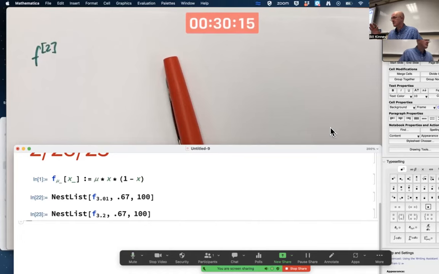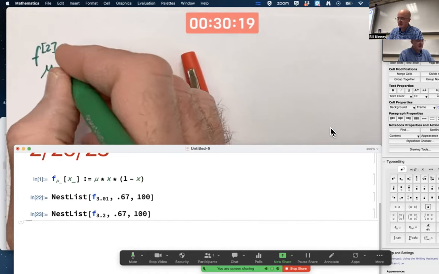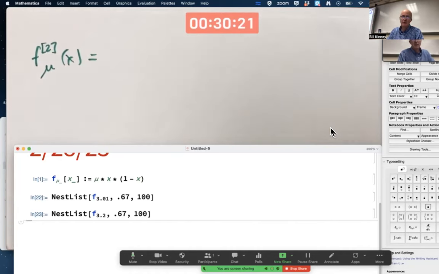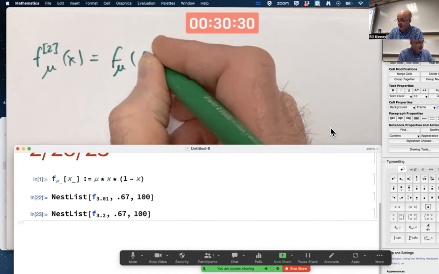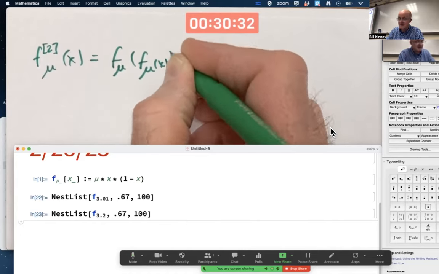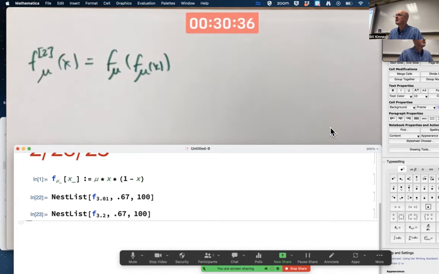It represents neither in this context. F2 sub mu of x represents f mu composed with itself. F mu of F mu of x. Second iterative f, you could call it.